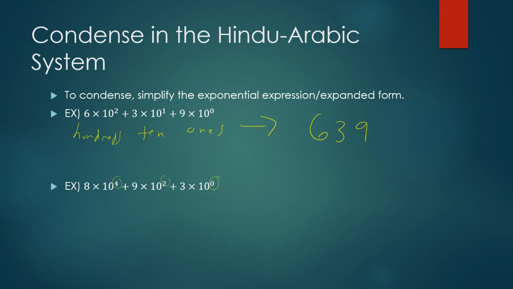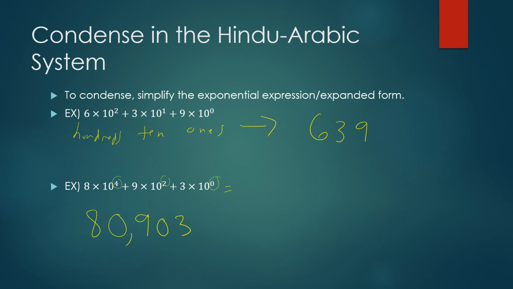So here, you would get 8 in the 10,000s, 0 in the thousands, 9 in the hundreds, 0 in the tens, and 3 in the ones place. So we get 80,903.